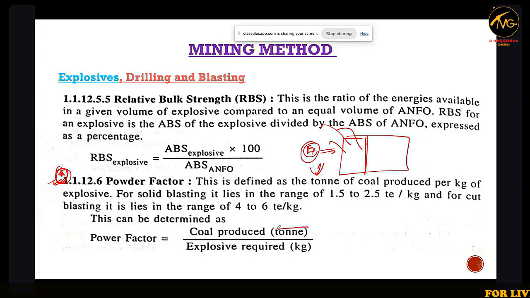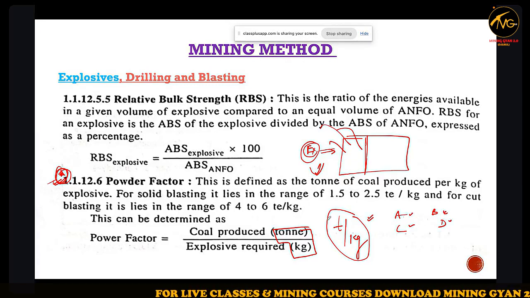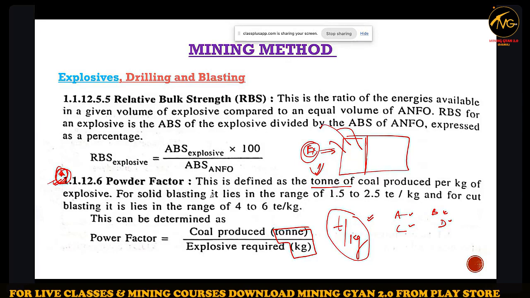So many times this unit you should also know. This is ton by kg में. Okay, so it will help you in A, B, C, D. Sometimes they use ton by kg, sometimes kg by ton. So you should know. It is the coal produced per kg explosive that is known as powder factor.